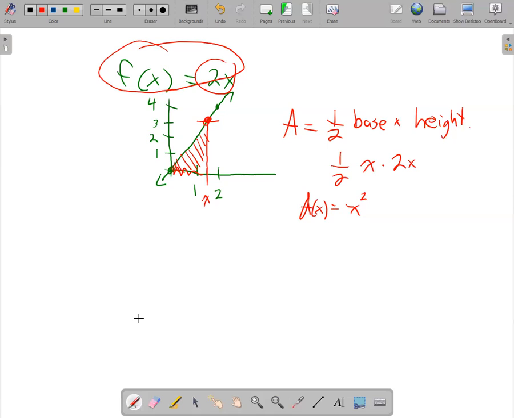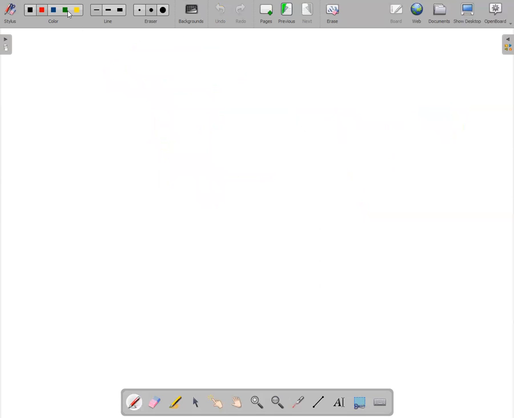But wait, let's throw a parabola in there and see what happens. All right, so how about f of x equals, let's do the same one we had, 4 minus x squared from before. We know what that graph looks like. 2, 3, 4, 2.